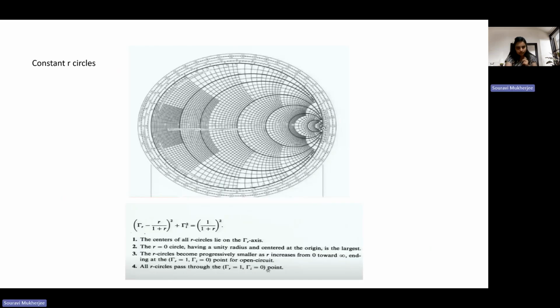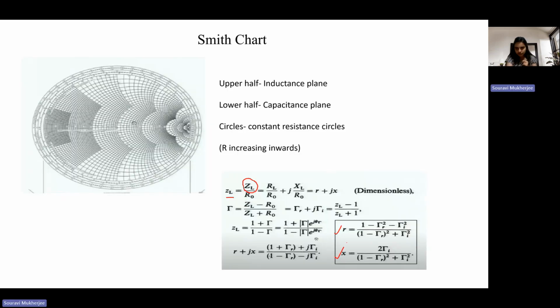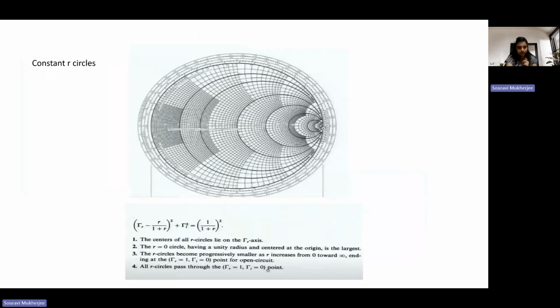Now, what you can do is, you know this expression, right? This is your expression of the real part. So if you start with this equation and rewrite it, you get a form like this, an equation of a circle, whose center is given as r by 1 plus r, and the y coordinate is 0, right?